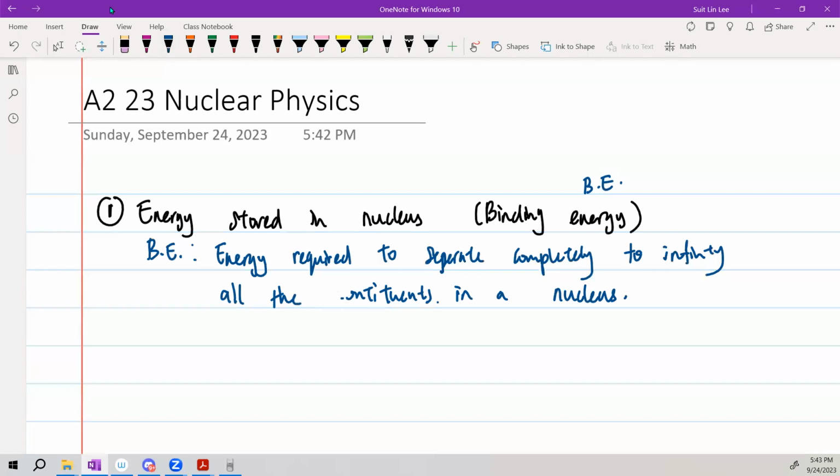You could also say all the protons and electrons, if constituents feels like a strange word to you.